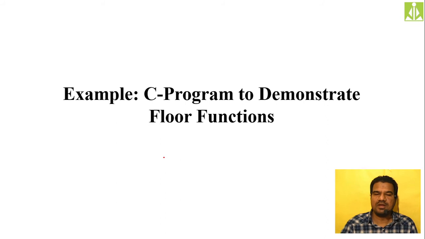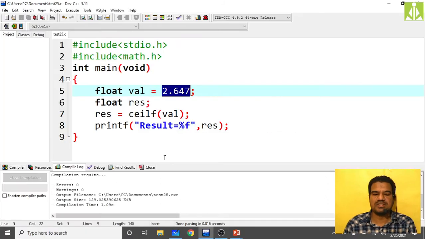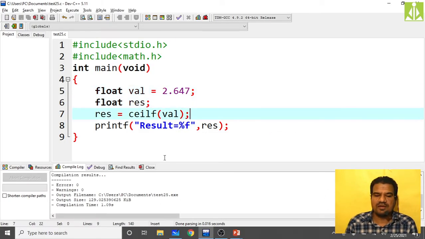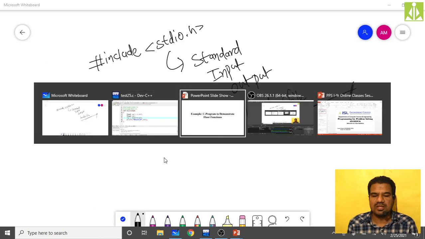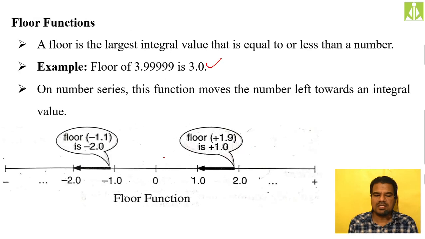Quickly we go and demonstrate these floor functions. Same thing, just here in place of ceilf, you put floorf. Previously we got the greatest nearest integral value, but now we will get the smallest nearest integral value. So again we check this on the number line. I have taken 2.647.